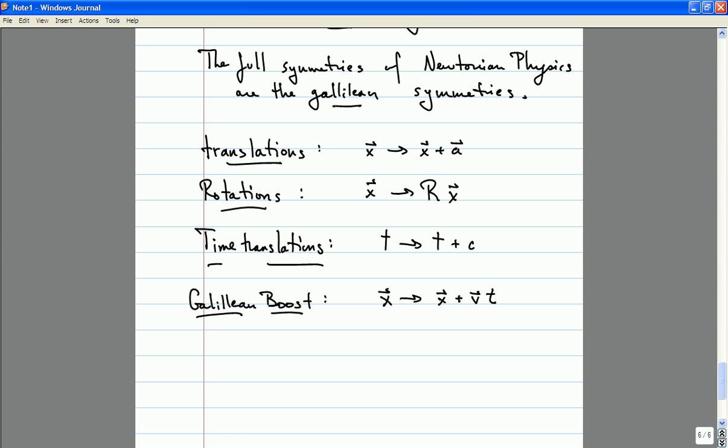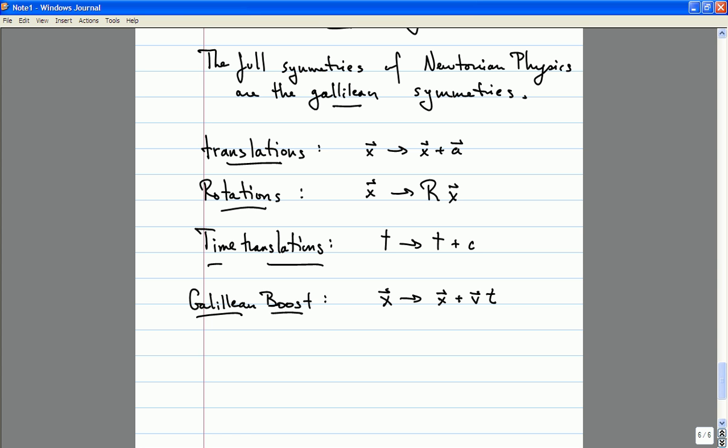For example, Newton's equation F equals ma involves the second time derivative of the position of an object. So if you shift x by something linear in t, that'll get killed by the second derivative, and the equations of motion are invariant. Or to put it another way, if you take your laboratory where you're doing some experiment, you put it on a train moving at constant velocity, and you perform experiments in that laboratory, as long as you're not experiencing any acceleration due to the train, the outcome of those experiments will be independent of the velocity of the train.